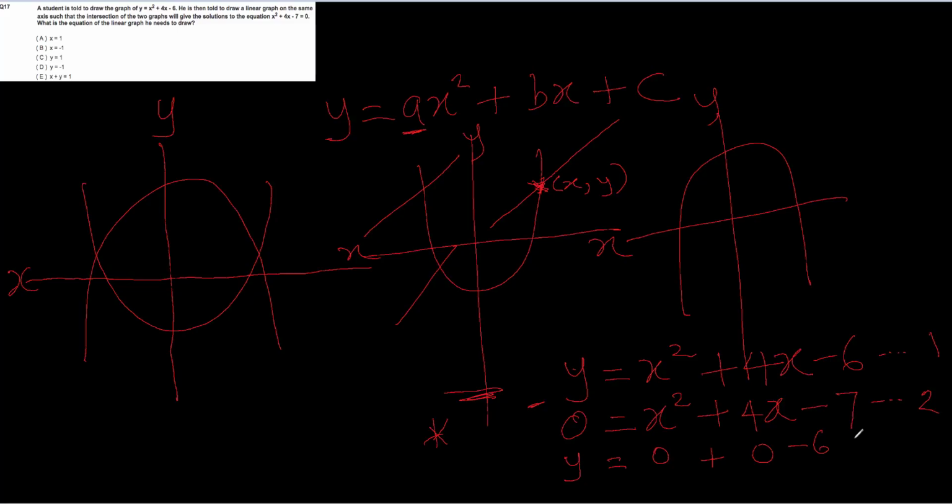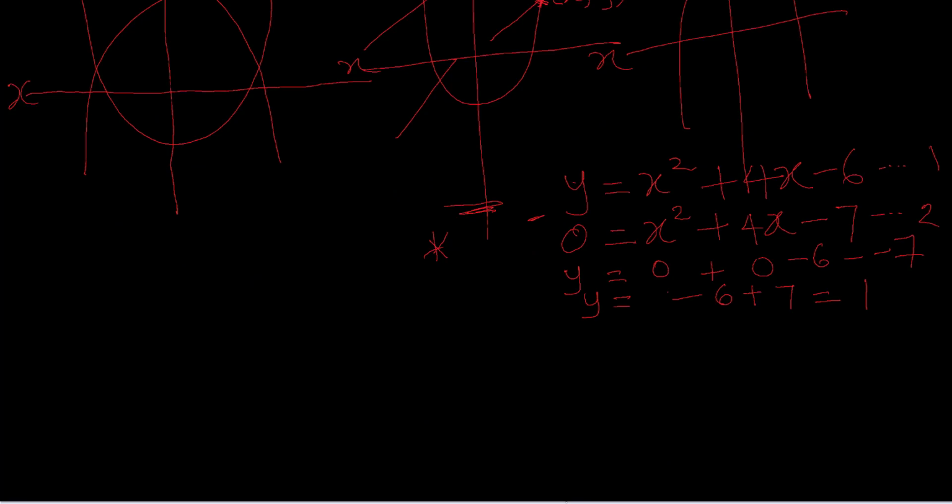And so minus minus will change to plus, so we have y equal to 0 plus 0 is 0. So we have minus 6 plus 7, which is equal to 1. So we have y is equal to 1.